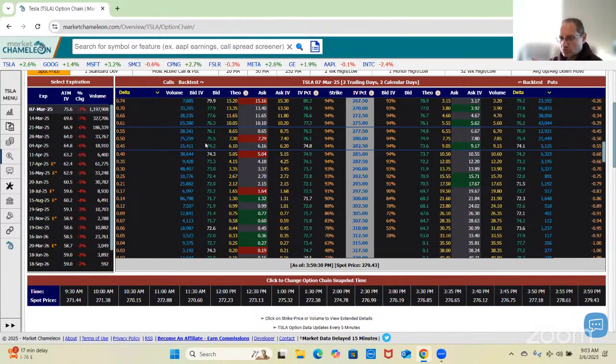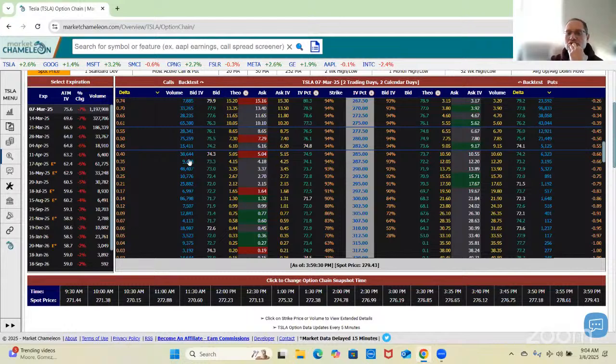Right, so we could drill all the way down to where the volume is concentrated, or how much volume on a particular option is trading, maybe that even you might be interested in. So when we see the volume and we're interested in a particular option, let's just say we're looking at this 287.5 strike on March 7th expiration.